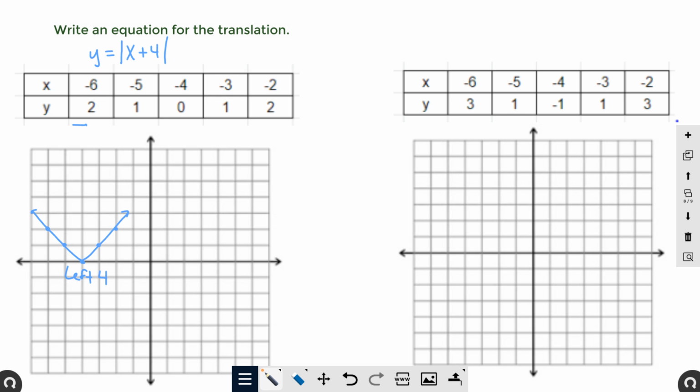All right, last one. Let's plot those points. And then let's make that V shape that we have.